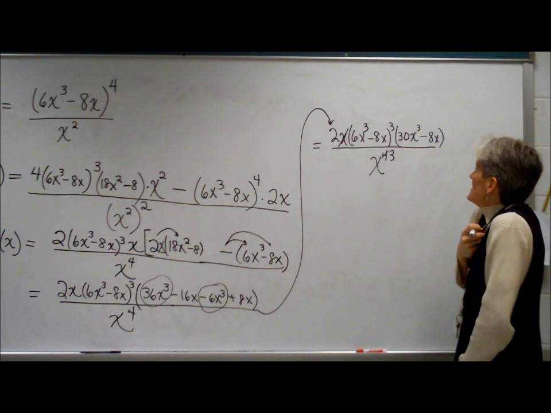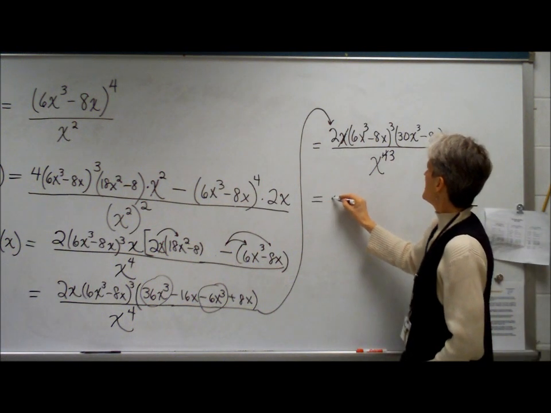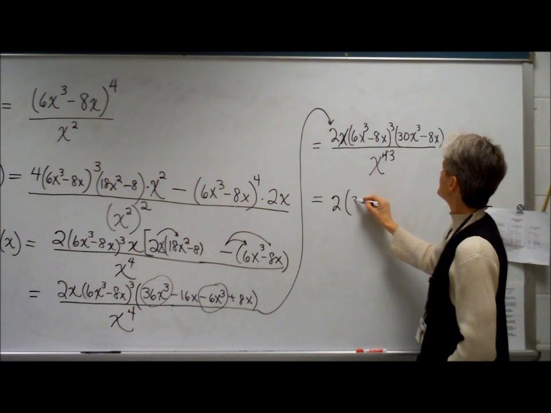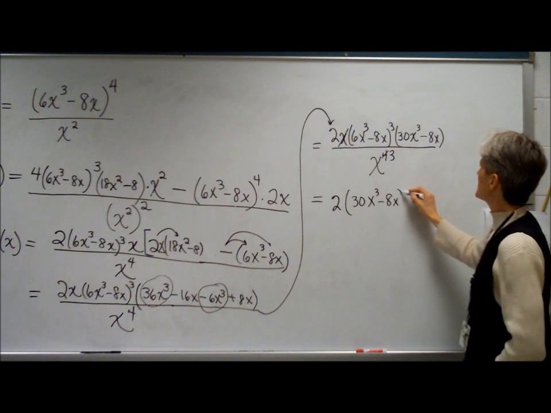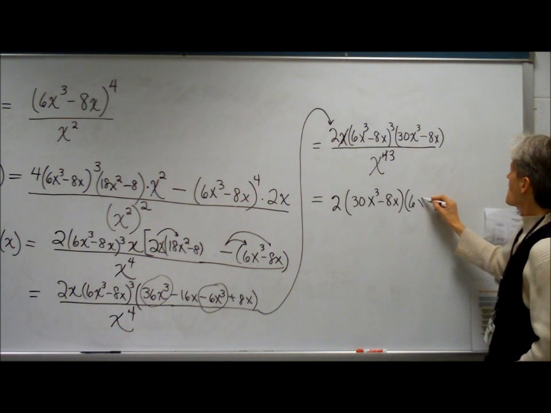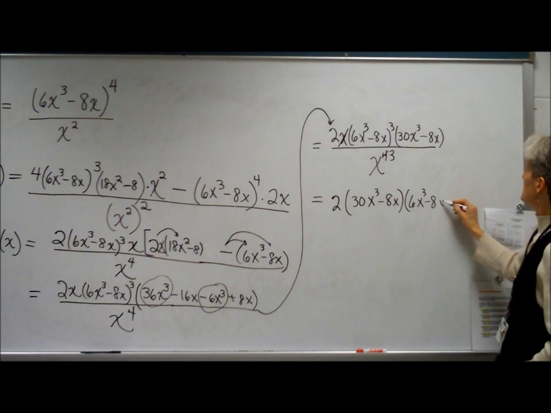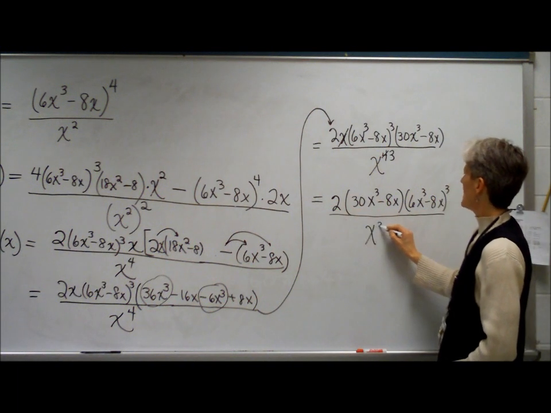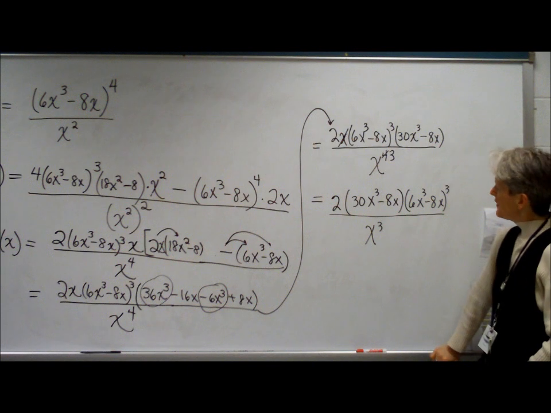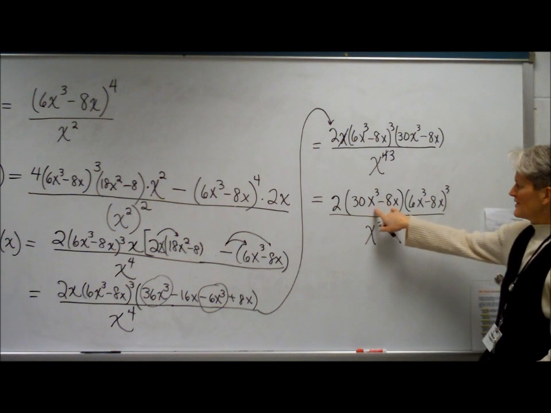The other question is, do I have anything else? Let me just rewrite this. Is there anything else? I'm just rewriting this in a slightly different order. Is there anything else I can divide out? Well, look here.